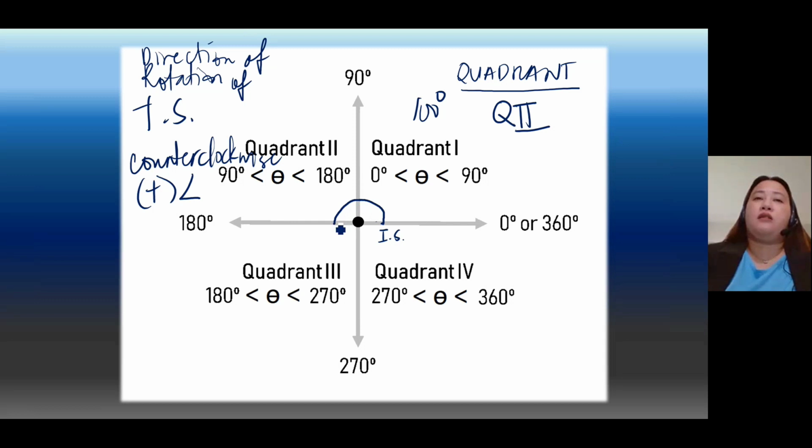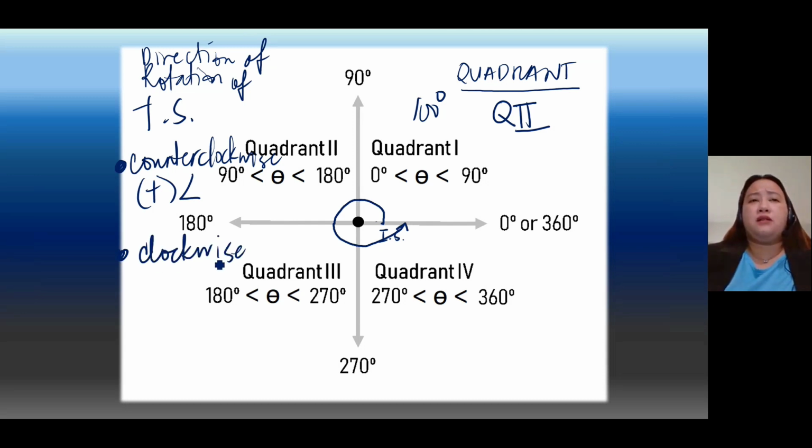Continuing, we have 180 degrees. Continuing, we have 270 degrees. Continuing, we have 360 degrees, so on and so forth. That is counterclockwise.